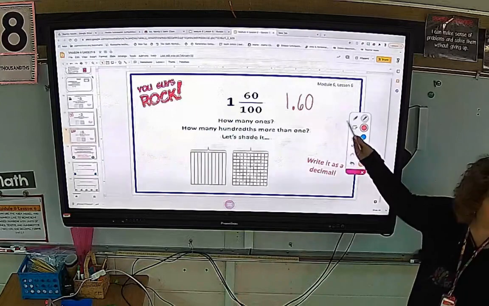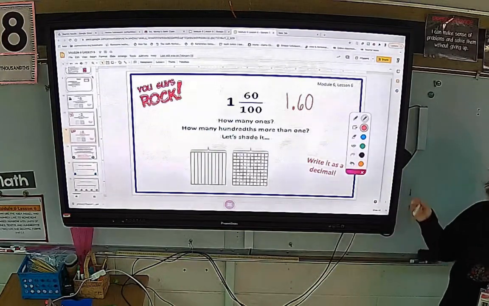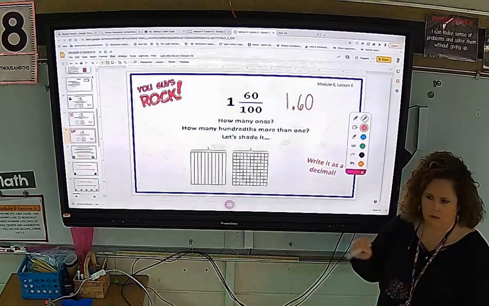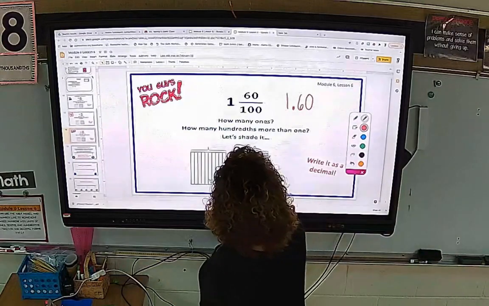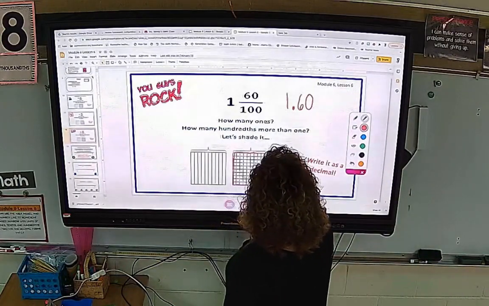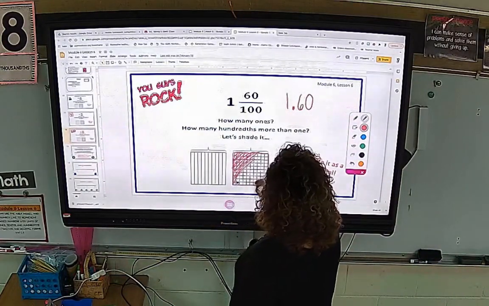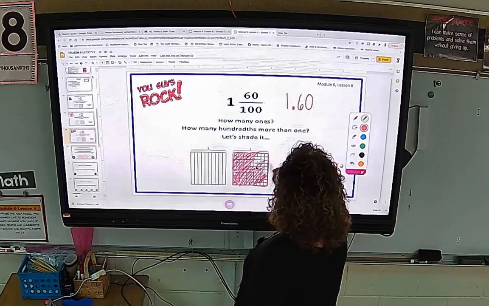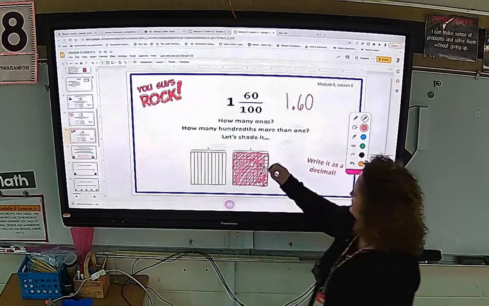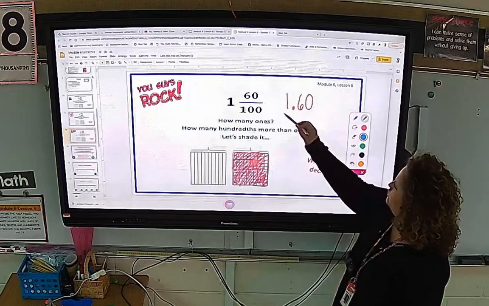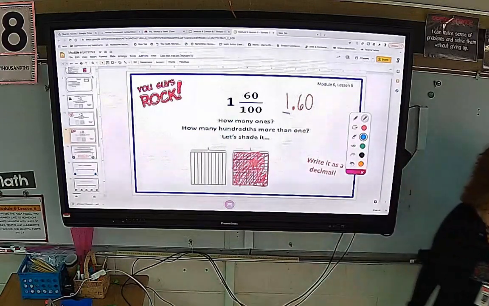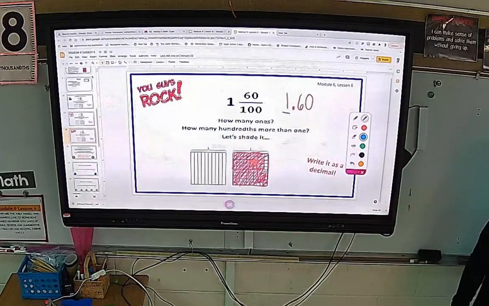Okay, so what did you say, Shay? I said shaded one whole. Okay. I'm shading this one as my one whole just so that I have the same as you do when it comes to the next part. All right, so I have shaded the one whole part. What comes next? And then for the next box, you shaded 6.